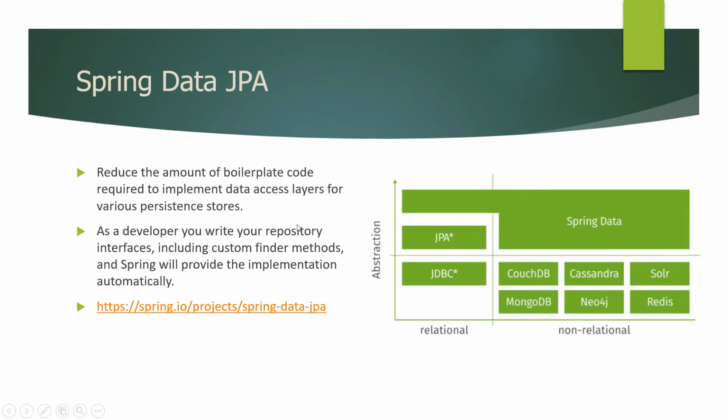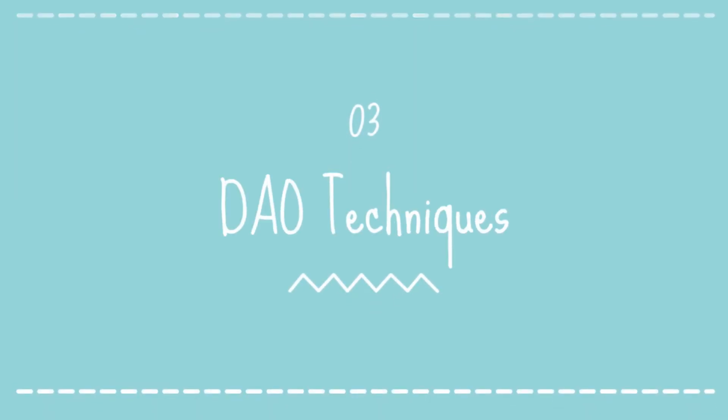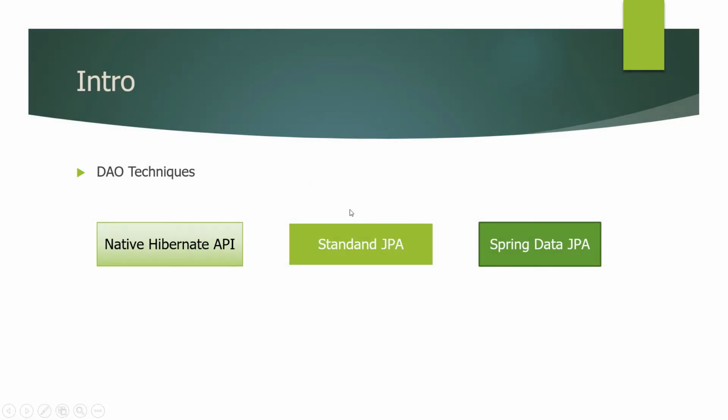It can help us to reduce the boilerplate code, and we just write the repository interface, and Spring will provide the implementation automatically. So we have some DAO techniques like native Hibernate API, standard JPA, and especially Spring Data JPA, which is a project of the Spring Framework. And in this video, we will talk about Spring Data JPA.